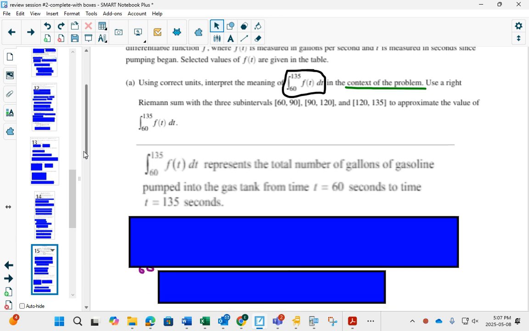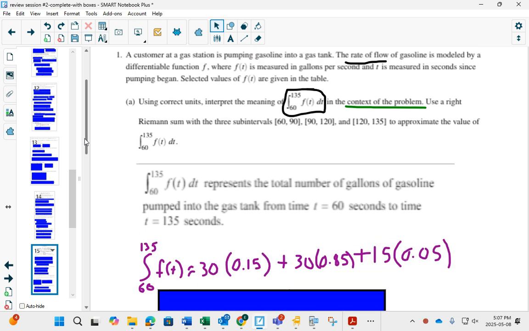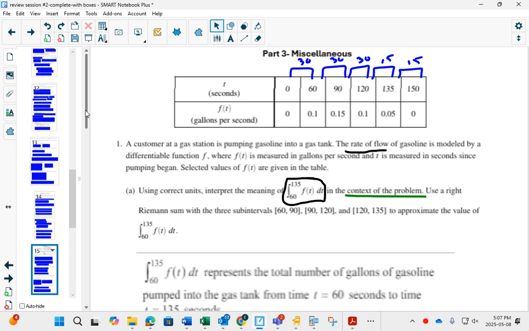Now, since we don't have the function and just the values, to figure out how much that would be, if we use right Riemann sums, we're going to look at the distance in between these: 30, 30, 30, 15, 15. But we're only looking from 60 to 135. So our subintervals are going to be 30, 30, and 15.